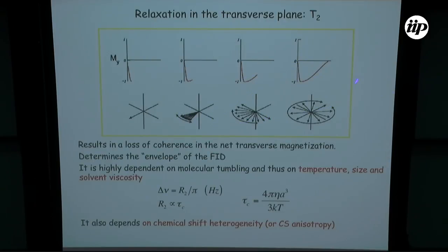And when they lose coherence completely, you don't have a signal anymore, because you're looking at this on the XY plane. So the system is not at equilibrium yet, but you don't have a signal anymore. So your free induction decay is not telling you about the equilibration to equilibrium. It's actually telling you about the loss of signal in the transverse plane.